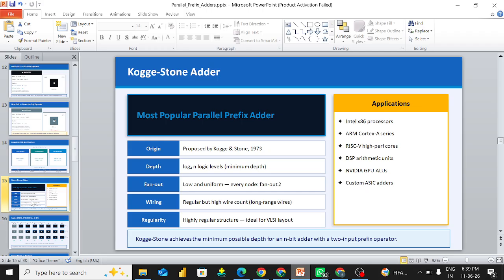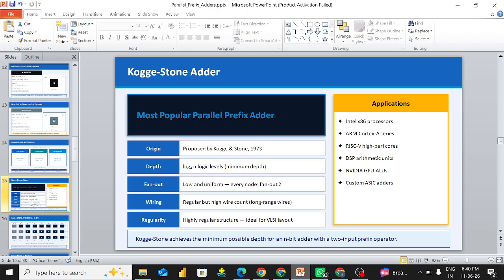What does the generate signal mean? It works only when both inputs, input A and input B, are one; then the generate signal is generated. It is saying that I am generating a carry. When does the propagate signal become one? When only one of the inputs is one at a time.